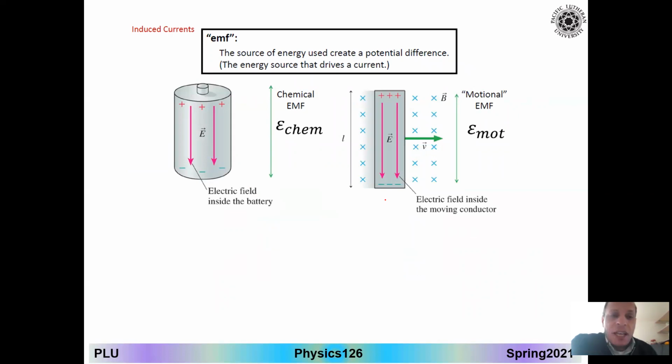What we call here the EMF is the source. Basically we're talking about the electric potential, the potential difference, delta V. That's the same concept.